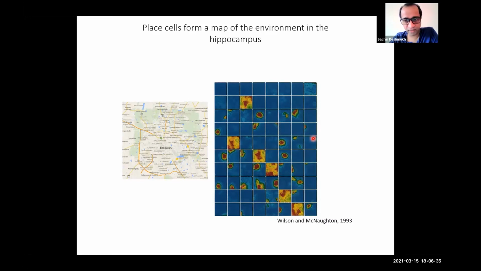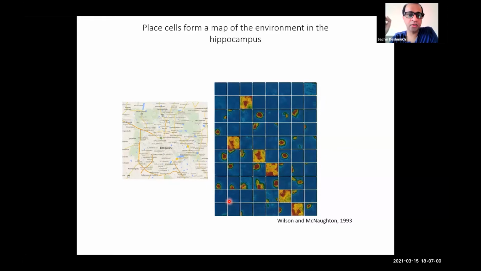There are neurons that fire at the top right corner, middle left, and so on. So all the neurons recorded simultaneously cover the entire environment, such that just by looking at the activities of the neurons, you will be able to pinpoint the exact location of the animal at any given moment.